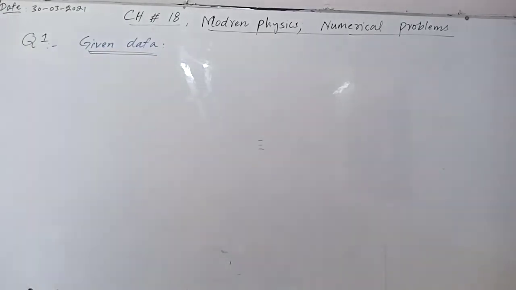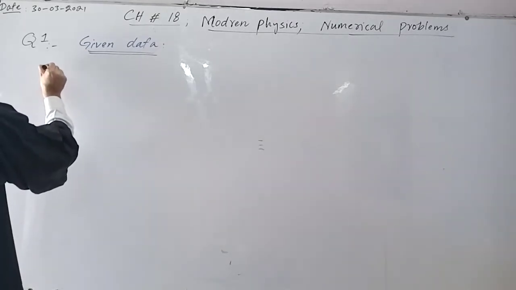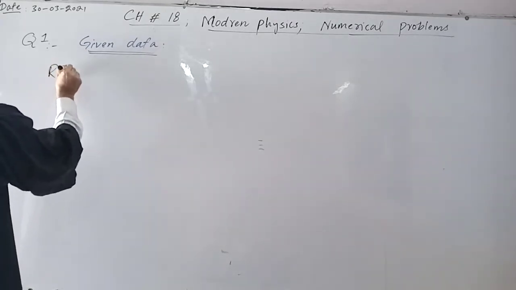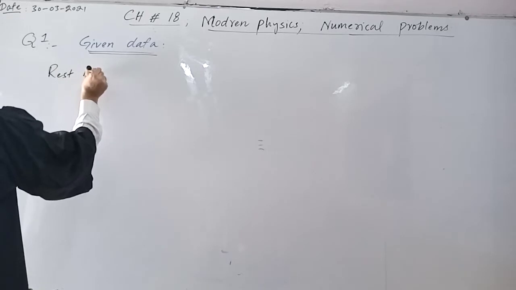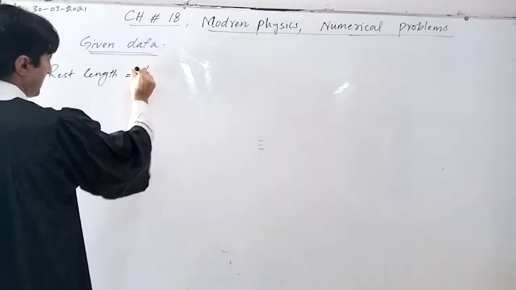Let me read this question. The length of spaceship is measured to be exactly 1/3 of its proper length. So rest length is represented by L0.